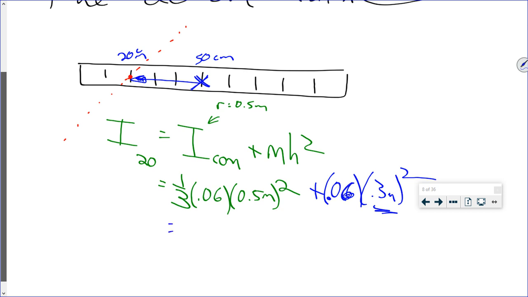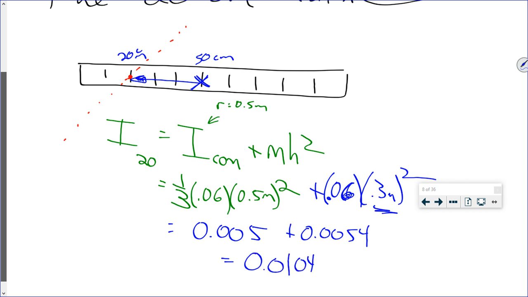So this gives us 0.005 plus 0.06 times 0.3 squared, which is 0.0054. Add them up and you get 0.0104 kilogram meters squared.